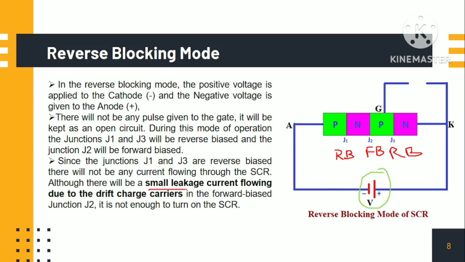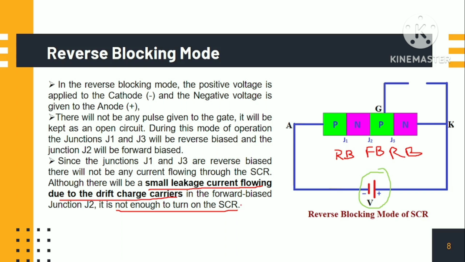In this case also there will be a small leakage current flowing due to the drift of charge carriers. This is not enough to turn on the SCR. So during reverse blocking mode, there will be a small amount of current called leakage current.